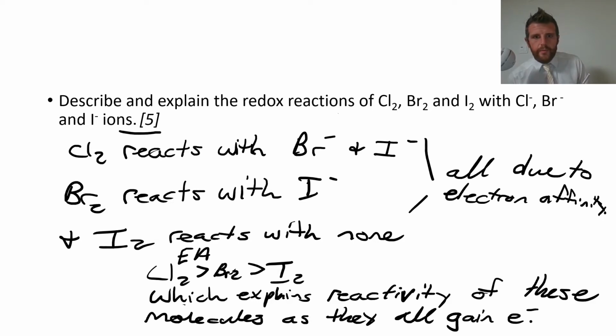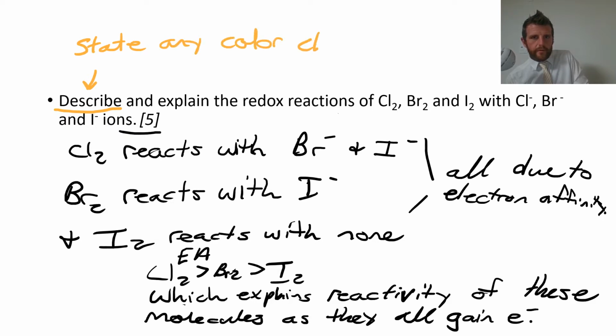So I think this would probably get me 3 marks, because this word here tends to tell us to state any color changes, or literally describe what we would see if these were to happen.